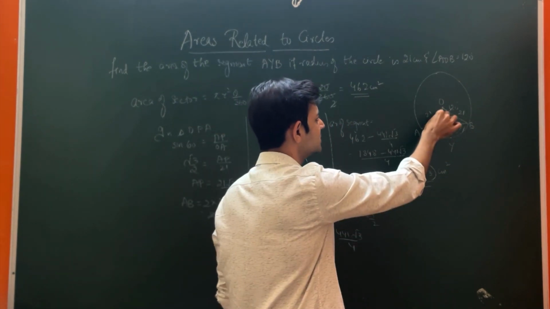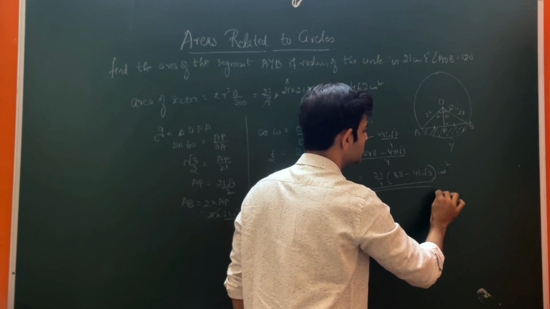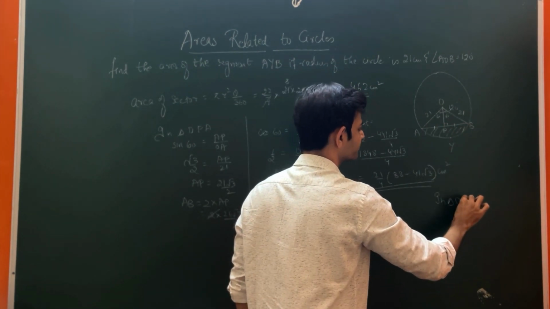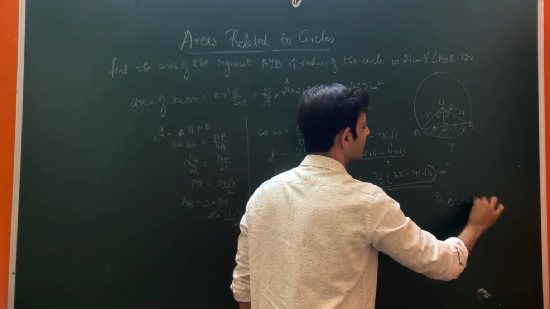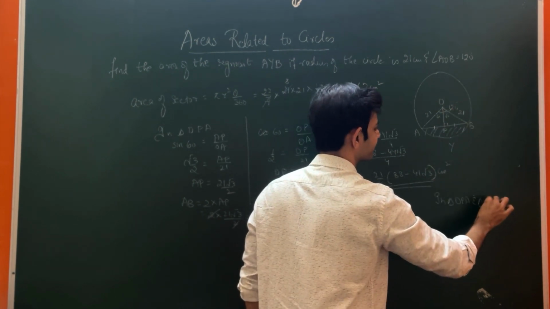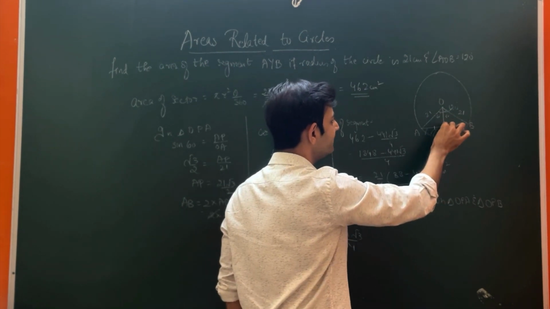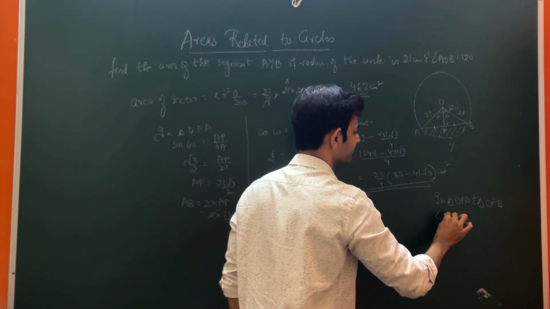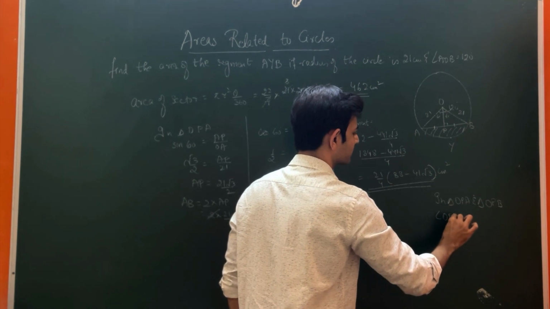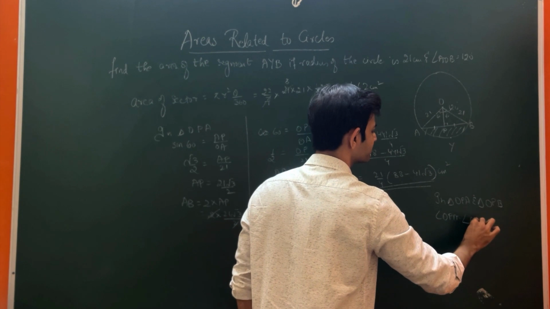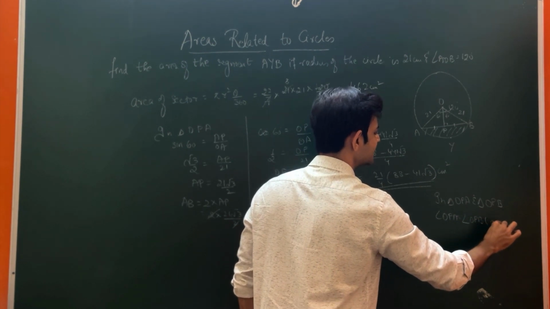So now if we take triangle OPA and triangle OPB, angle OPA is equal to angle OPB, 90 degrees each.